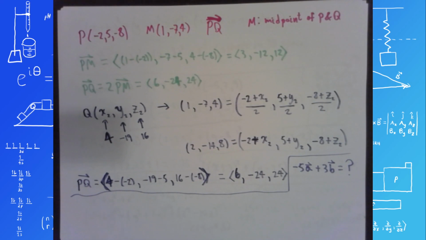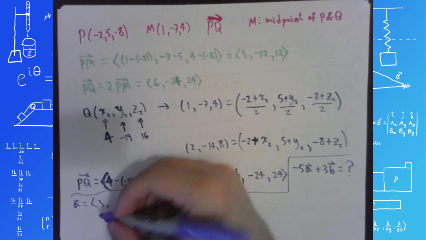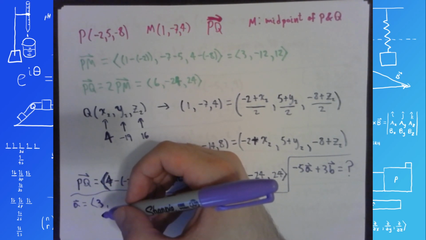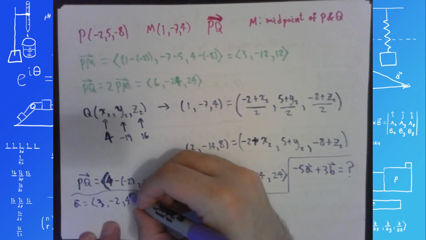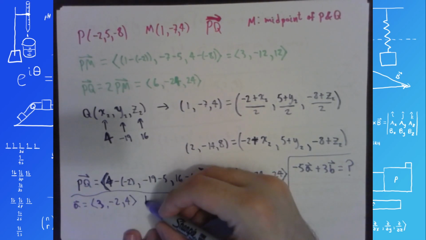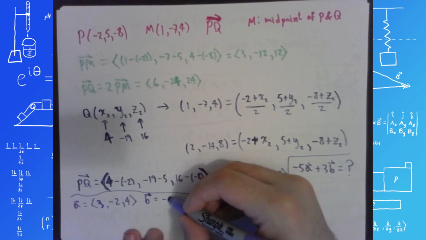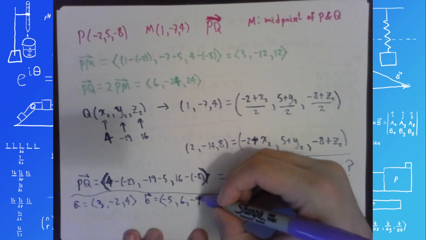So the second one says A is 3, negative 2, 4, and then B is negative 5, 6, negative 9.